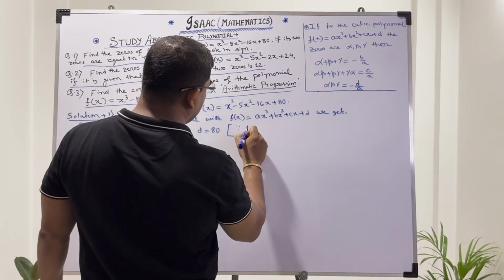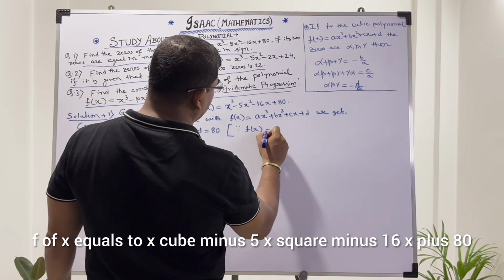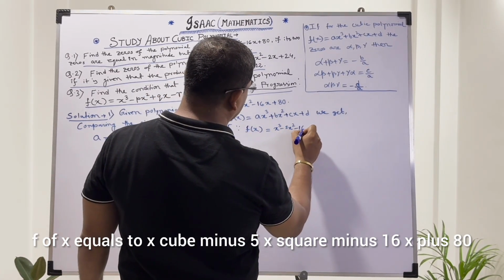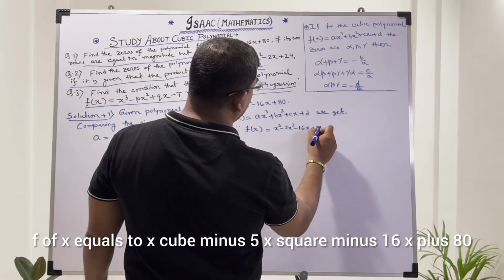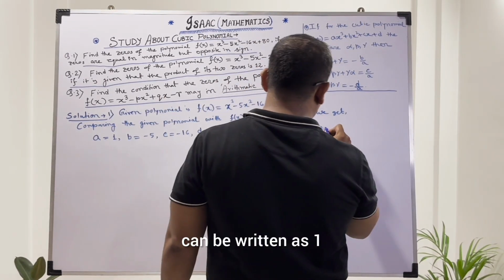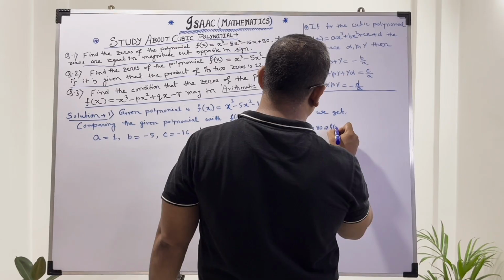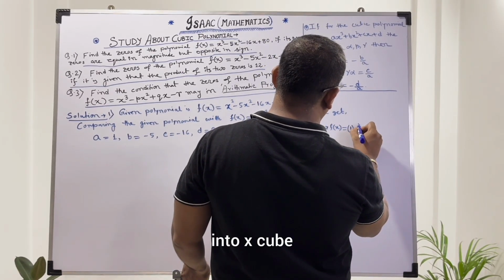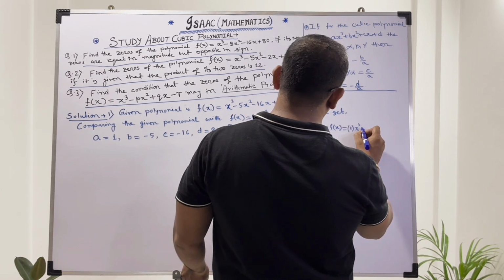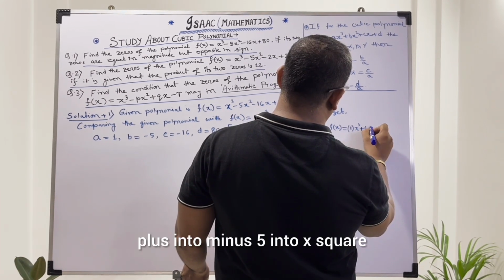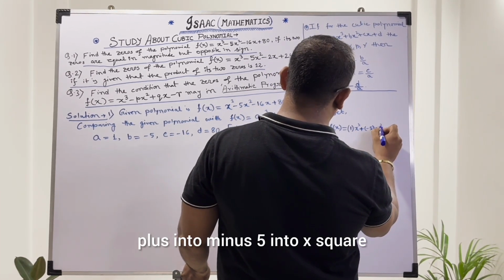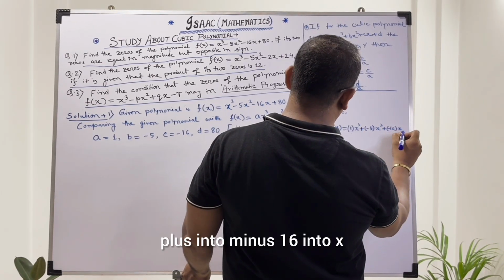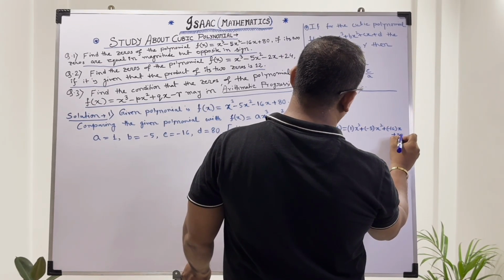Since f of x equals x cube minus 5x squared minus 16x plus 80 can be written as 1 into x cube plus minus 5 into x squared plus minus 16 into x plus 80.